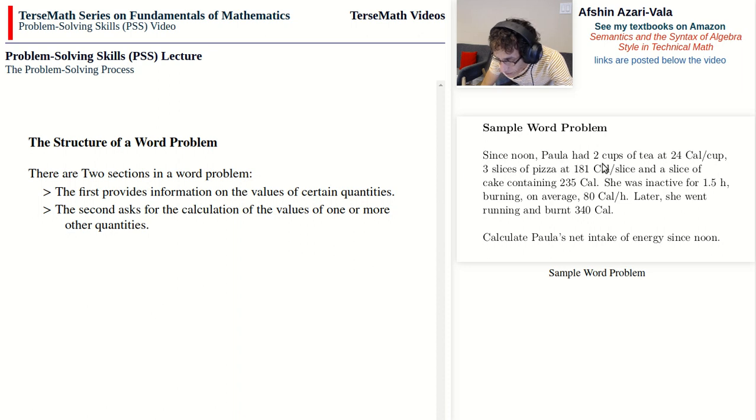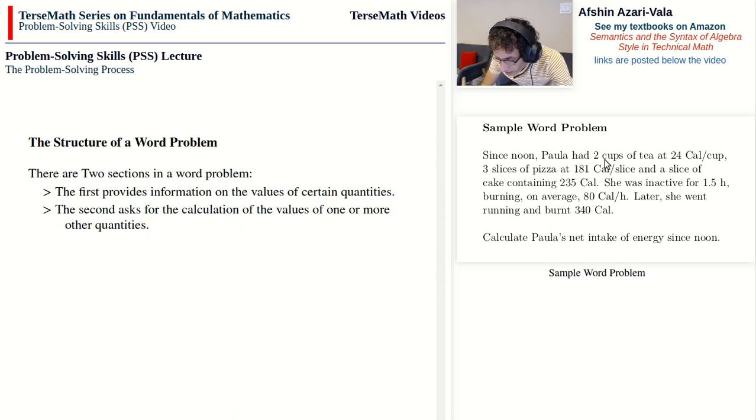It tells me about the number of cups of tea that Paula had, the energy content per cup of tea. It gives me the number of slices of pizza that Paula had, the energy content per slice of pizza, the energy content of the cake, the duration that she was inactive, the rate at which she burned energy during the time when she was inactive, and then the total amount of energy that she burned when she went running.